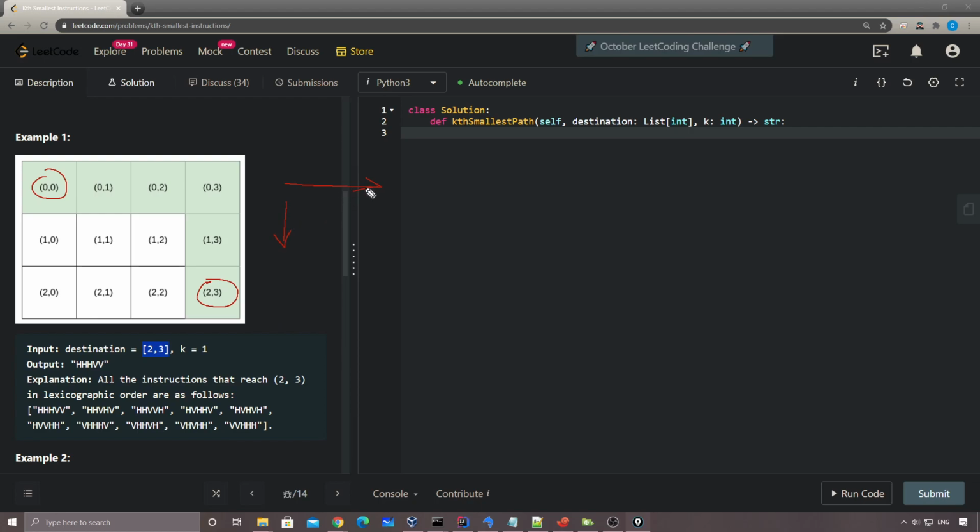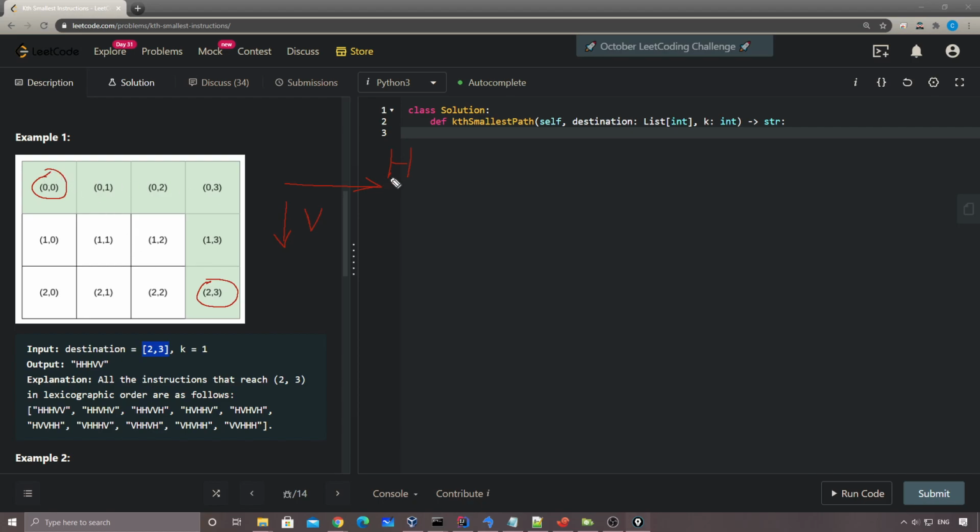If you go right, it is as if you are adding an H instruction, which means horizontal. And if you go down, you're adding a V instruction, which means vertical.